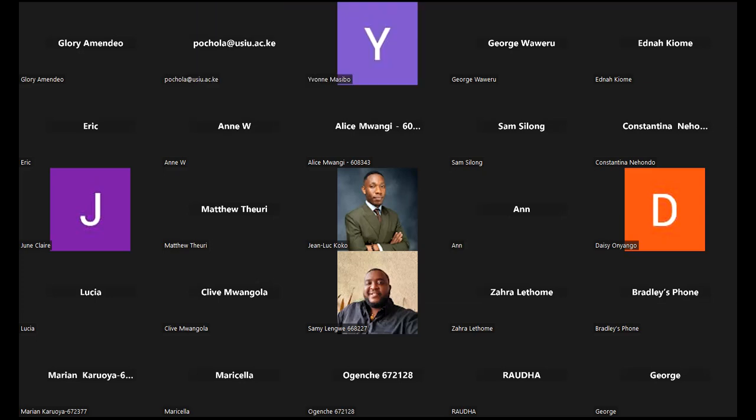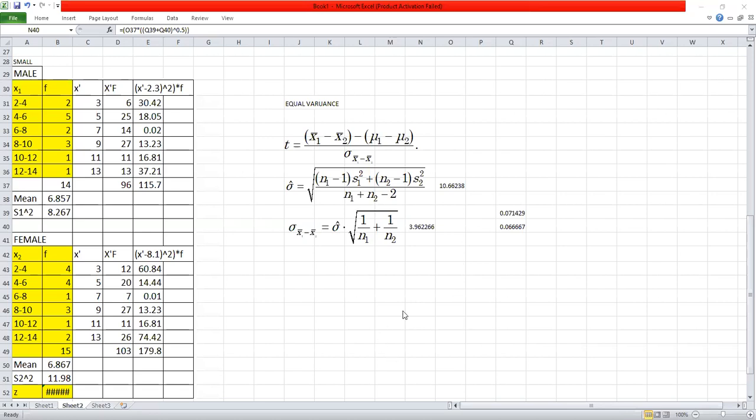I'll repeat what I've just said. The problem with this technology. Let me just share Excel, and I'll tell you what I'm saying here. What I was saying is that based on this one here, first of all, you get this. This is the procedure. You get this, which in our case is that. Then use this to get this, together with, of course, N1, which is 14, N2, which is 15. We got 3.96. Then we substitute this one here, the standard deviation of the difference.